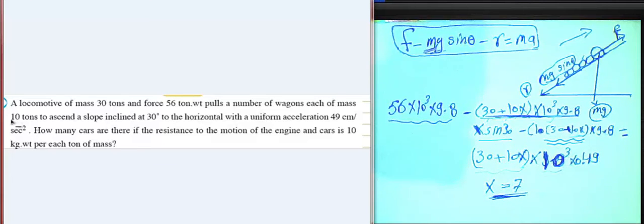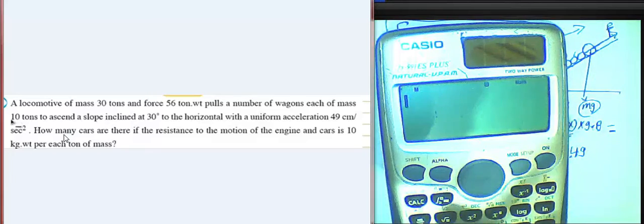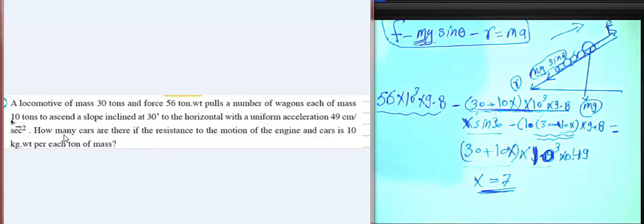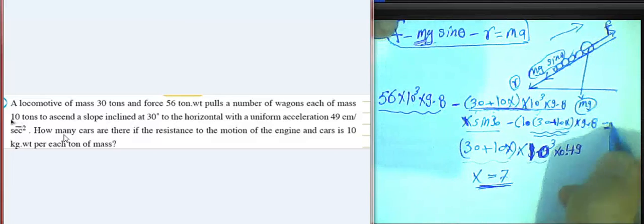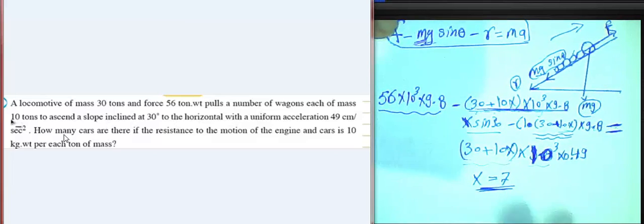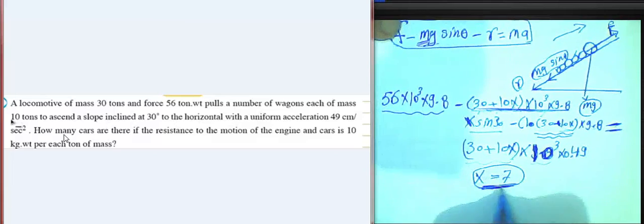And the result will be equal m 30 plus 10x multiply 10 power 3 convert from ton to kilogram multiply by acceleration 0.49. We can divide it by 100 to convert from centimeter per second square to meter per second square, and then you can use a calculator by using program of calc here, write all the equation and write between them equal here by using this button in your calculator to find the number of cars will be 7.